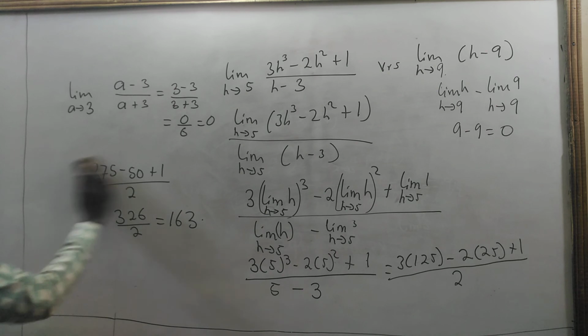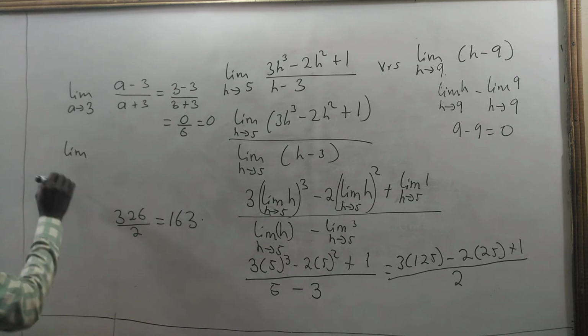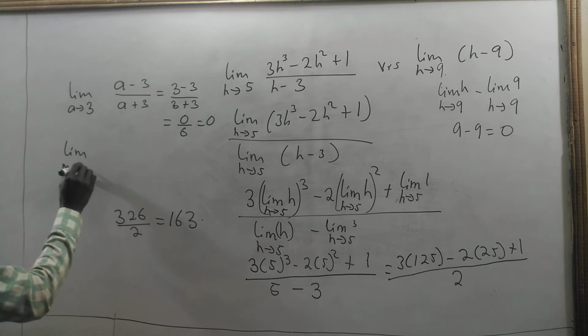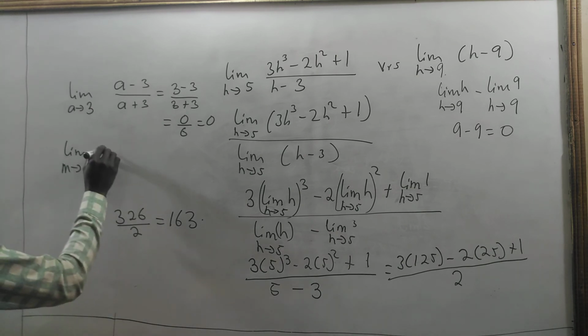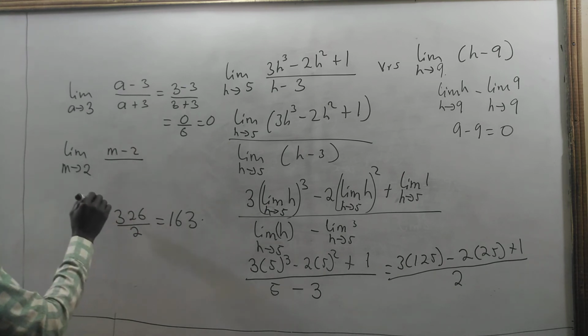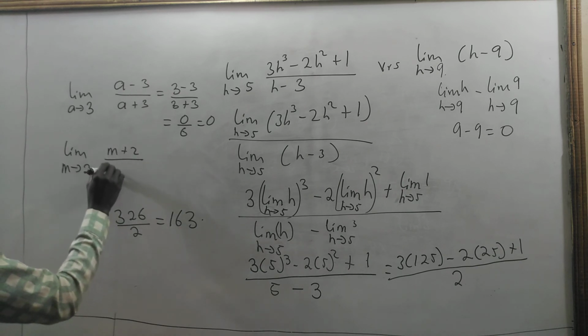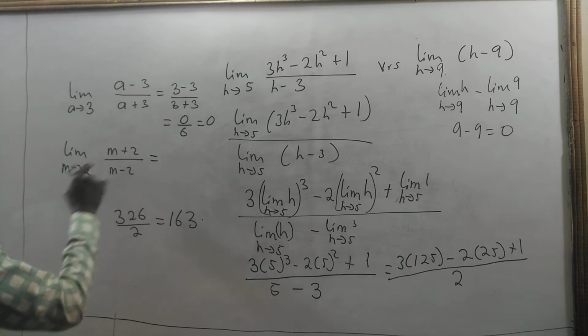Then the last example again, you take the limit as m approaches 2 of m minus 2 divided by m plus 2 divided by m minus 2.